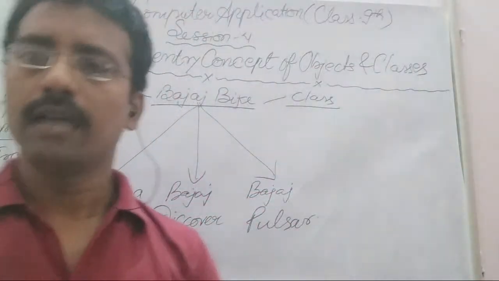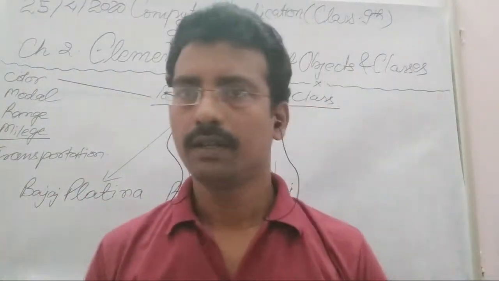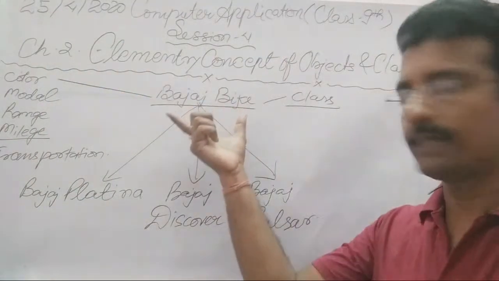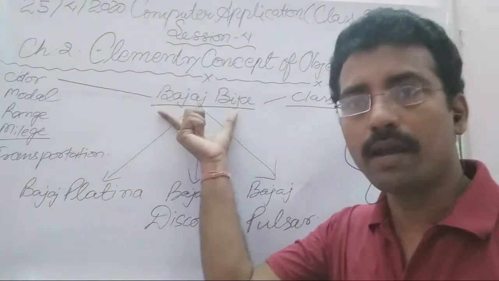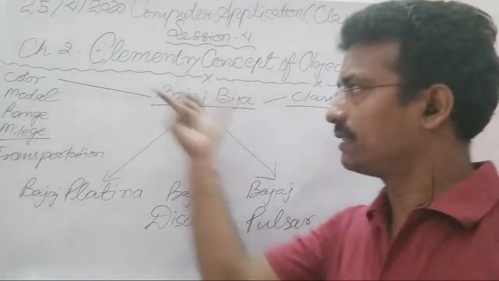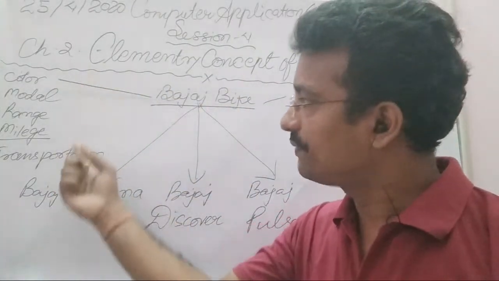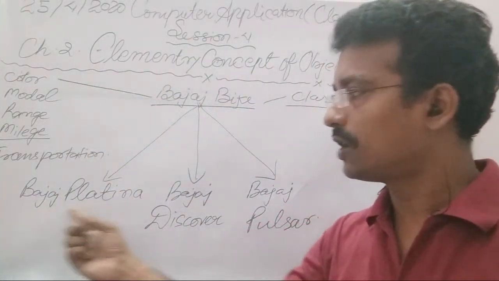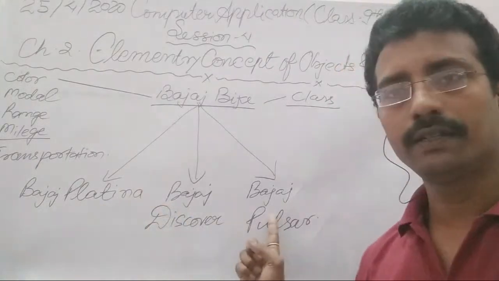So keep in mind, first the class has been defined, and the class in this example is your Bajaj bike. Bajaj bike is a class that contains these features, and these features are shared by the objects of Bajaj bike.